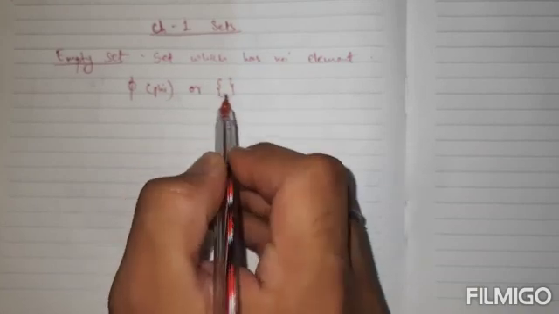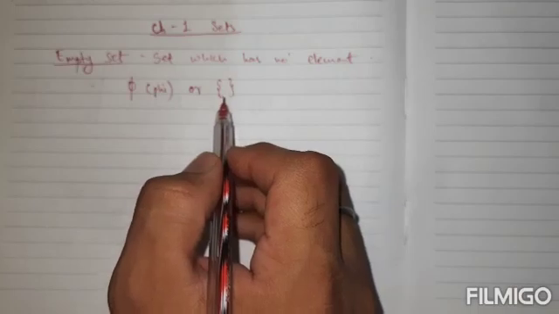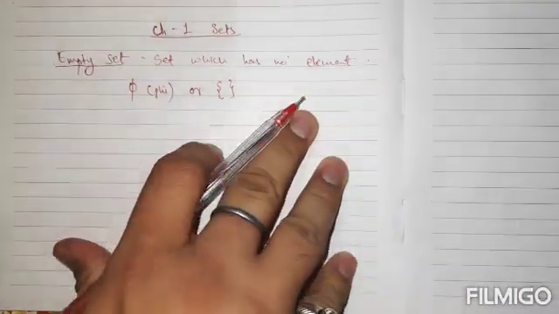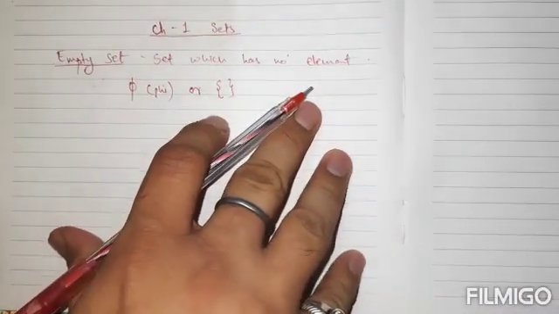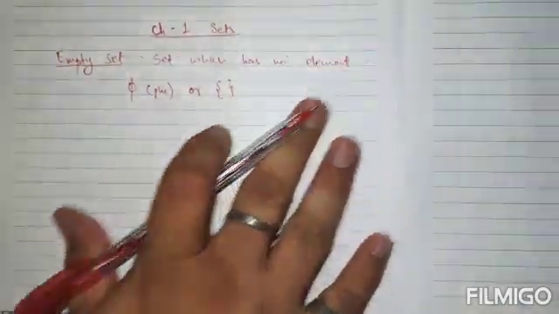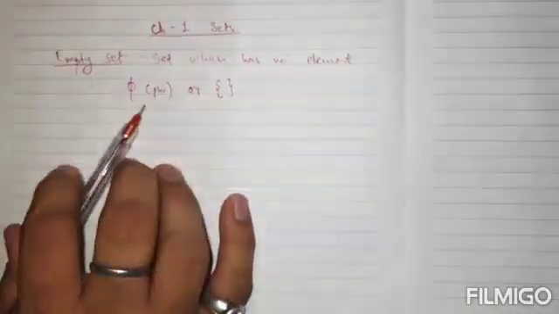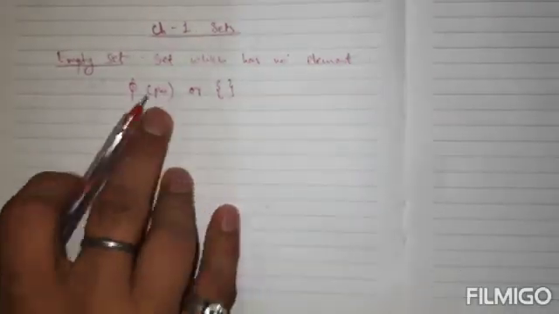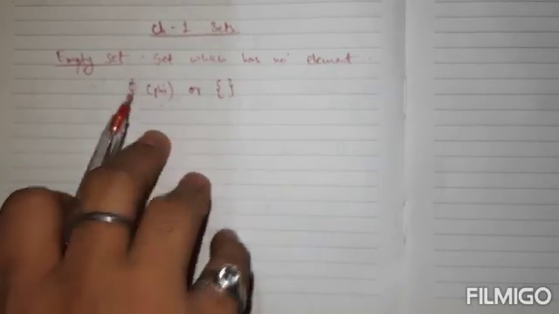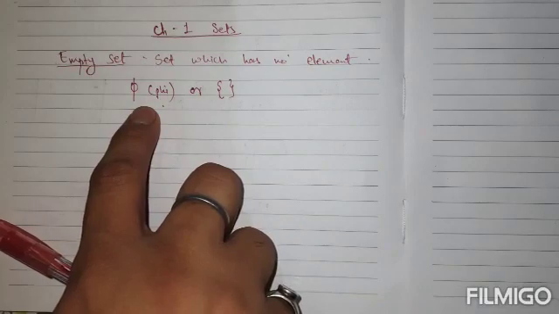You know that elements in a set are enclosed in curly brackets. If the curly brackets do not contain any element, then it is clear that this is a null set. So these are the notations for the empty set, but very generally, almost all the time, only this symbol is used, that is phi.